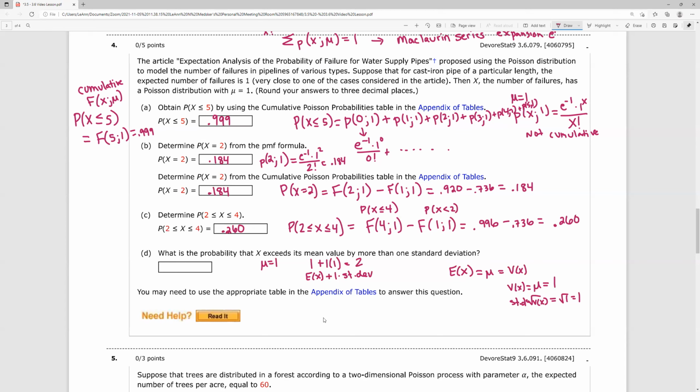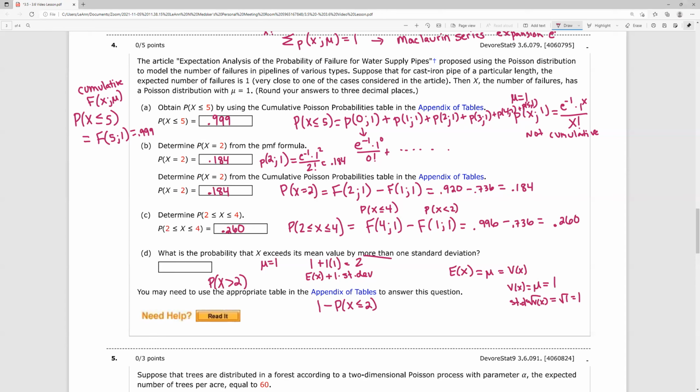So we need to be 2 above, that's what we're looking for, that probability of X being greater than, actually it doesn't even say greater than, it's just more than. So greater than 2. So how could we calculate that? Well, you could do 1 minus X less than or equal to 2, since we have accumulating probabilities. 1 minus the probability that X is less than or equal to 2.